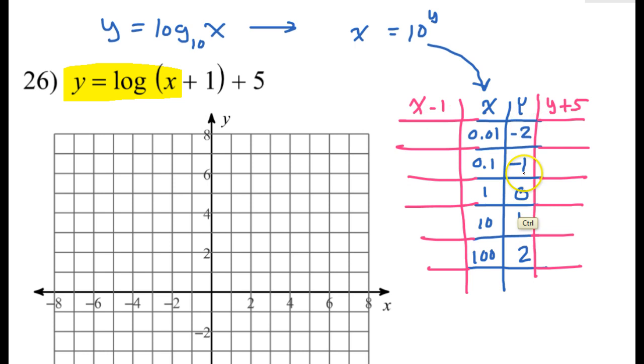So if I add 5 to all of these values, I'm going to get 3, 4, 5, 6, 7. So these are my new y values. So now I need to subtract 1 from all of these x values. So this is just going to be 99 and 9 and 0.